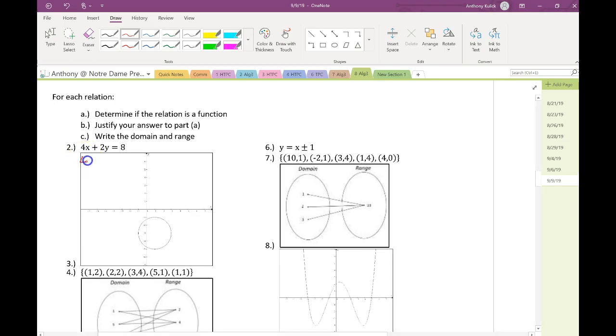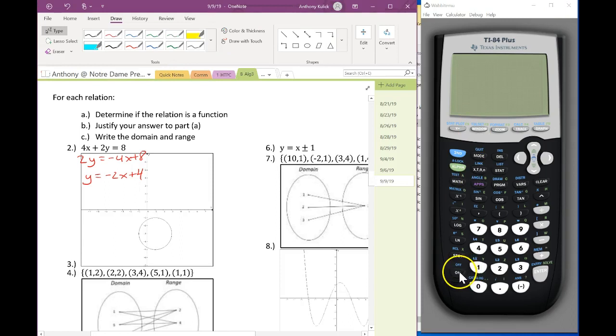So I'll subtract 4x from both sides and then divide both sides by 2. And then I'm going to graph that. Once I have it in this form, does anybody change their mind about whether this is a function or not? Yeah, you probably have noticed that that is y equals mx plus b all over the place.